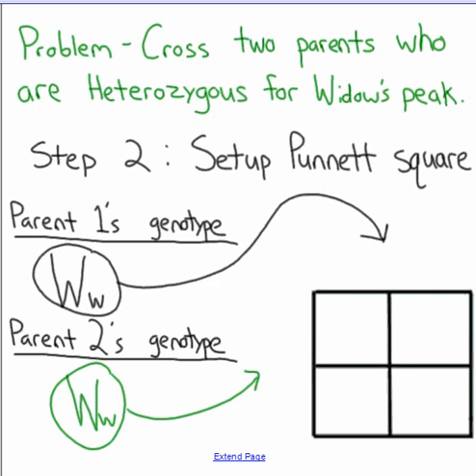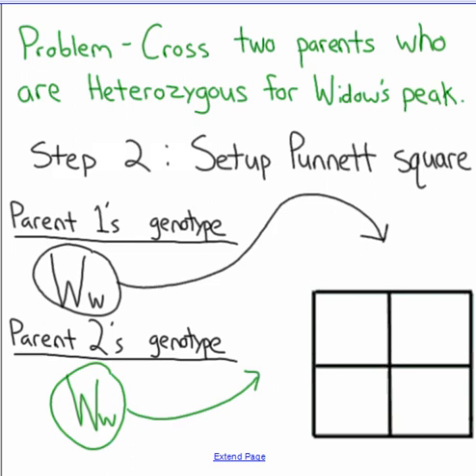Okay, so the second step is to set up your Punnett square, and you need to do this in the correct way or you're going to get the wrong answers. The biggest thing, it does not matter where parent one's genotype goes. It can go on the top or it can go on the side, but it's important that you keep parent one's genotype letters together.